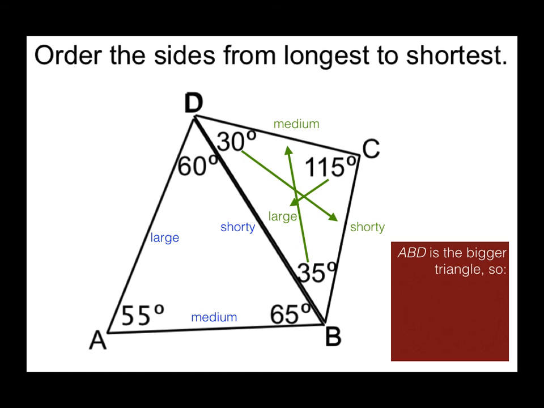And so that means that ABD, the triangle on the left, is the bigger triangle. So therefore, the longest side has to be AD, then AB, then BD, and BD is the connector. What was the short side is now the large side of the right-hand side triangle. So then we'll work through the right-hand side triangle. CD is the medium side, and the shortest has to be BC.